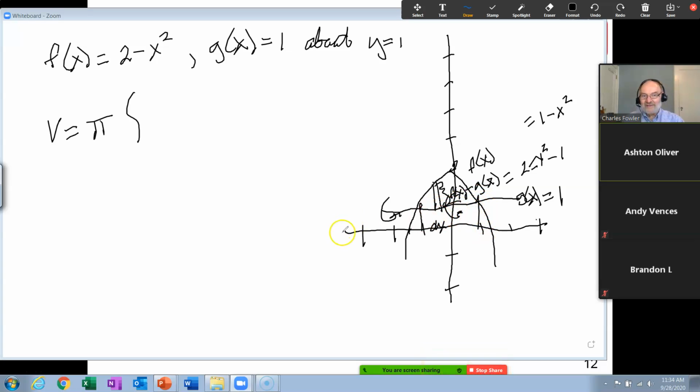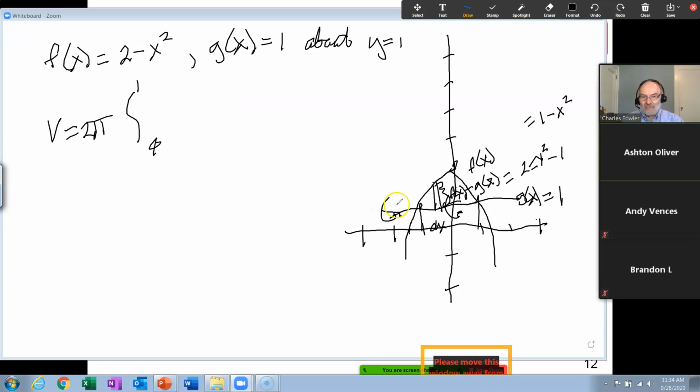About that line, okay? So you're going from minus 1 to 1. But guess what, folks? This is symmetric about the y-axis, and you got a symmetric interval here. So let's just double that, put the 2 in front here, and go from 0 to 1.